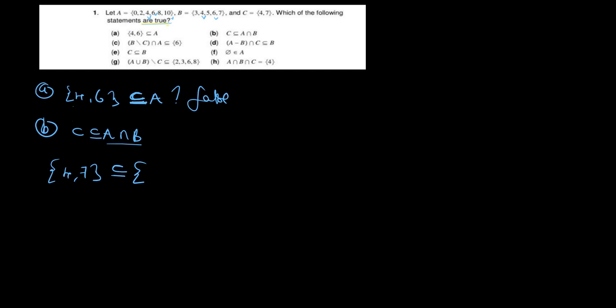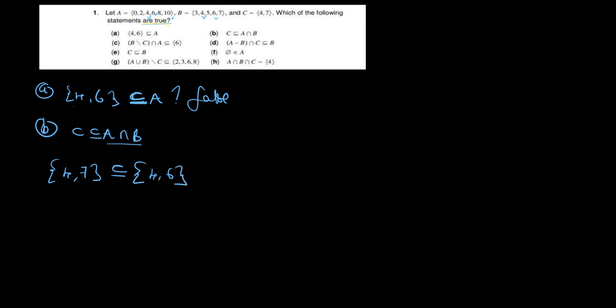So we are now listing A intersection B. We have seen that 4 and 6 are found in A, so we'll write 4 and 6 like that.